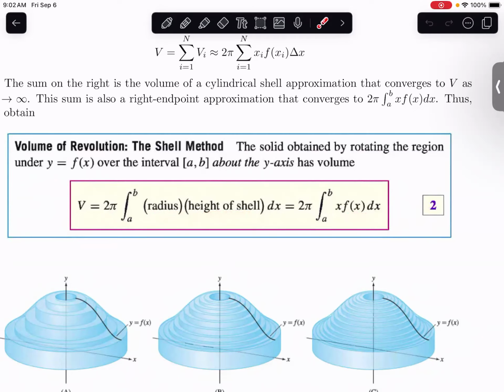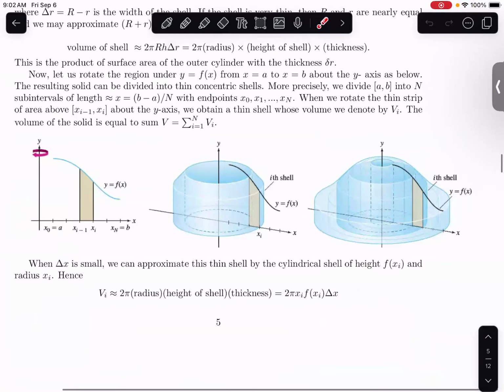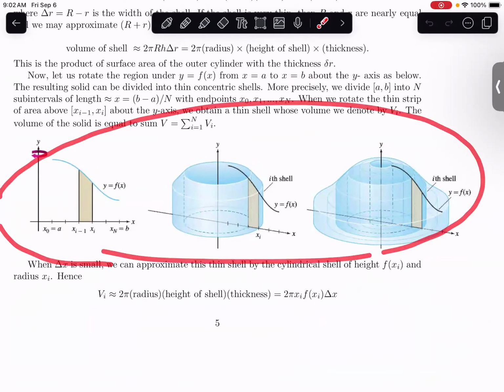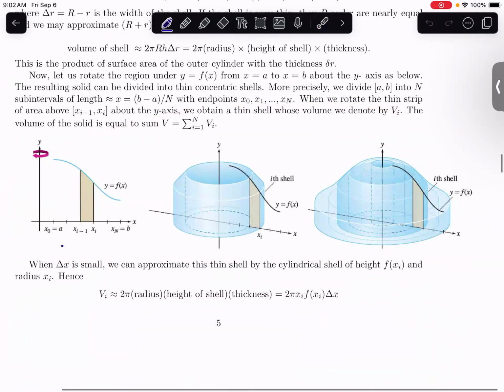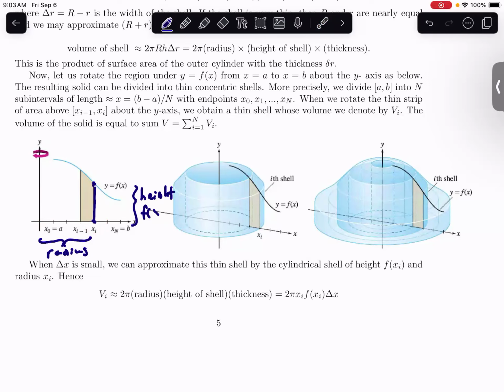The idea is all encapsulated in this single image, or I guess these 3 images, where if you choose some point xi, the radius is given by this quantity. It's the distance from the origin to this point xi. And then the height is given by this point here, which is f of x. So we look at this line, and this is the height, which is f of x.